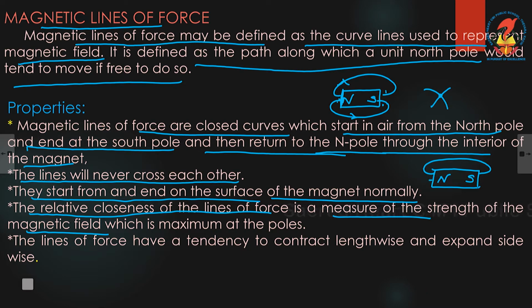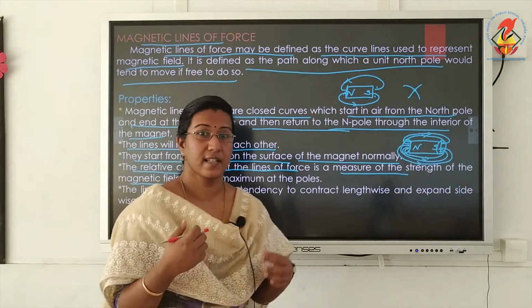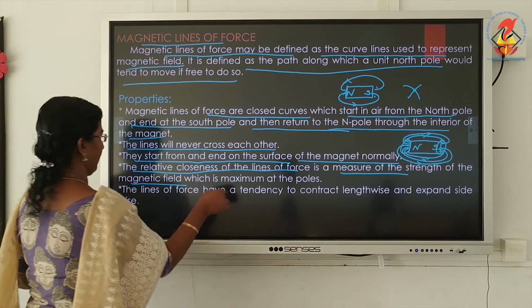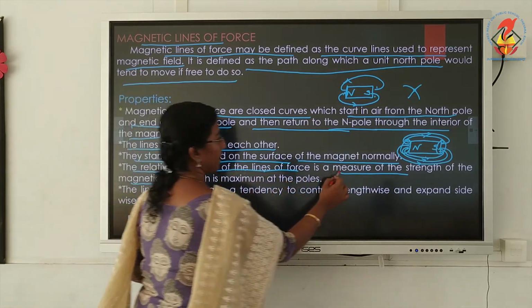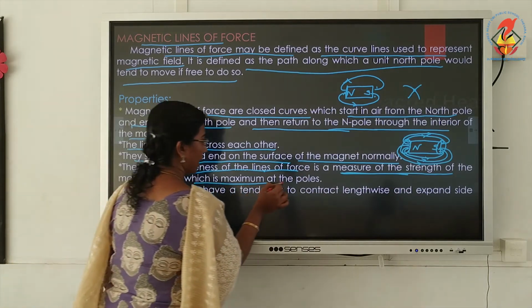You know that the field lines are closer near the poles of the magnet, and this closeness represents that the field is stronger. So the relative closeness of the field lines is a measure of strength of the magnetic field, and it is maximum at the poles.